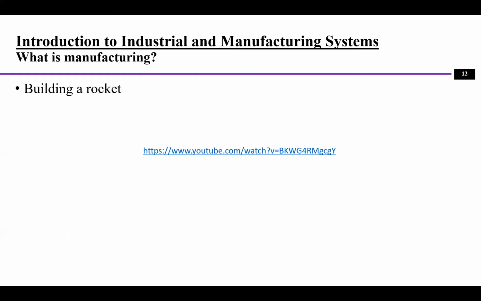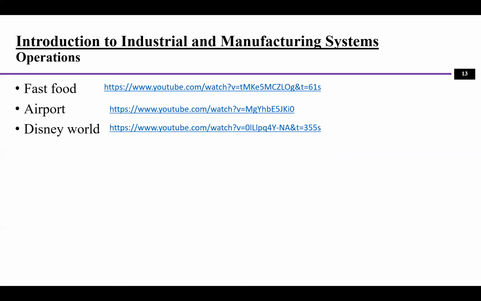So it's much more project based, and the layout and how they organize the resources will also be very different, depending on the product. So watch this video and see how a rocket is made in the manufacturing company, and how different it is from making auto vehicles.